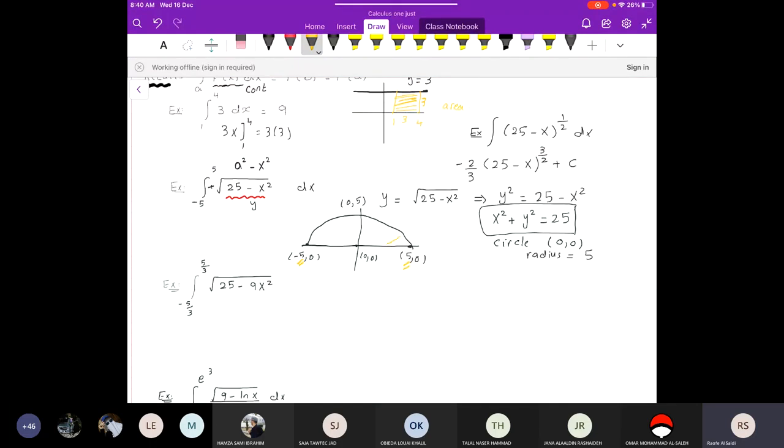So this integral represents this area. So this is equal to 1/2 the area of a circle.